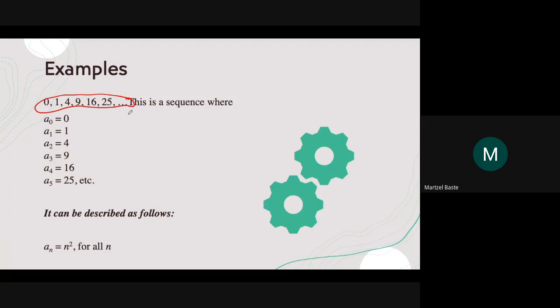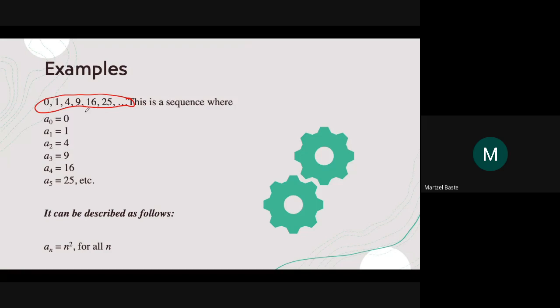So this sequence of numbers 0, 1, 4, 9, 16, 25, and to infinity respectively means that the A is equal to 0 because the number series that it is representing is 0, 1, 2, 3, 4, 5. So again, it's just a number series depicted in order of presentation or representation.